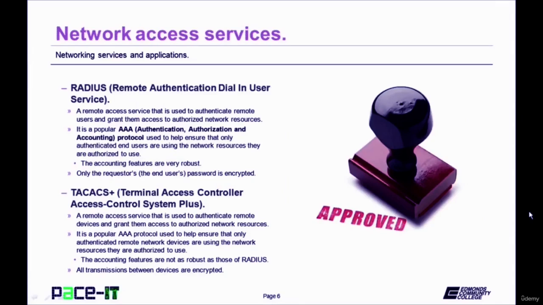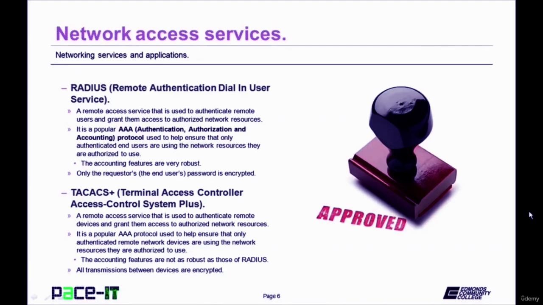Another network access service is RADIUS, Remote Authentication Dial-In User Service. RADIUS is a remote access service that is used to authenticate remote users and grant them access to authorized network resources. It is a popular AAA protocol. That's Authentication, Authorization, and Accounting Protocol.